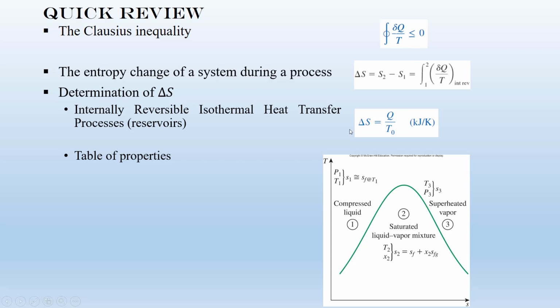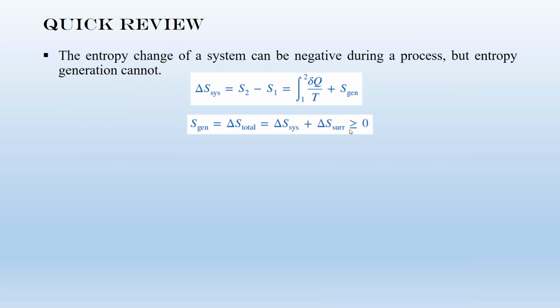The second method, if the tables of properties are available, you can use them to calculate delta S, the same way you calculated delta H and delta U, for compressed liquid, saturated vapor, saturated liquid-vapor mixture, and superheated vapor.